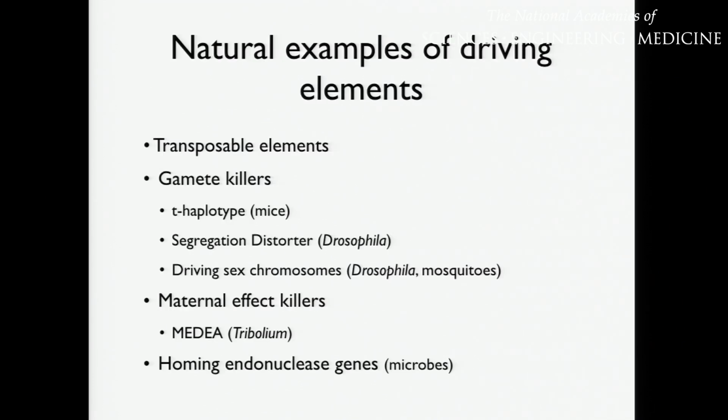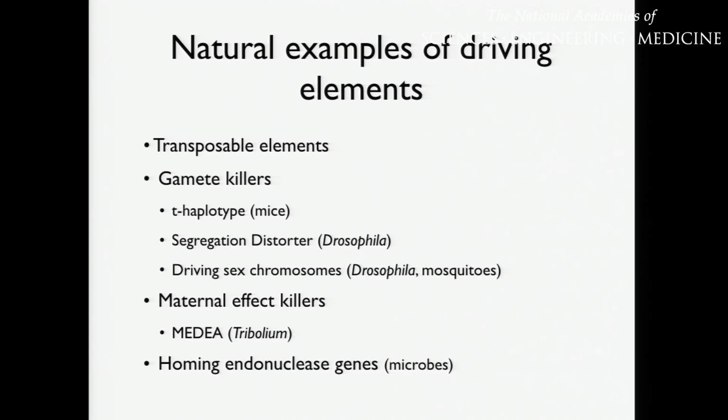So there are many natural examples of driving genetic elements. This is a natural phenomenon that has evolved many, many times in nature. These are some of the best known examples. Transposable elements are found in virtually every organism that's been studied. Gamete killers, such as the T haplotype in mice, have been very well studied. Segregation distorter in Drosophila.